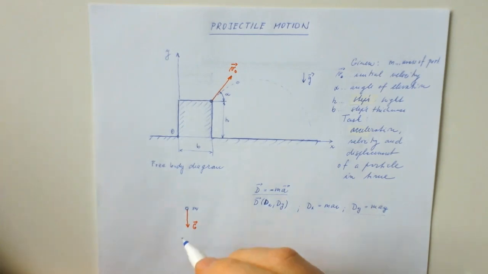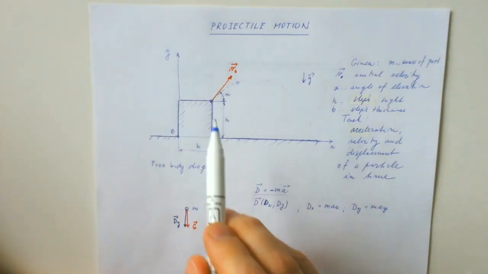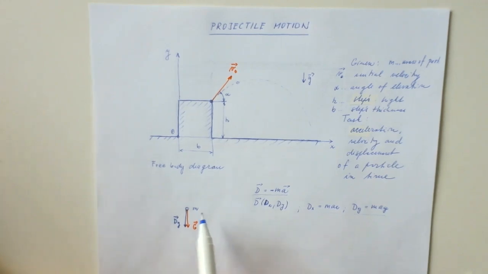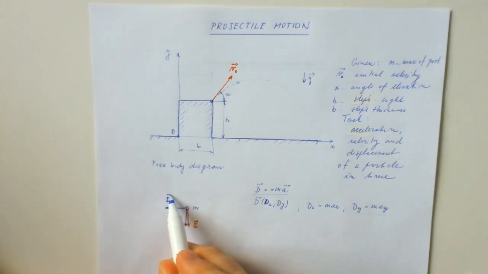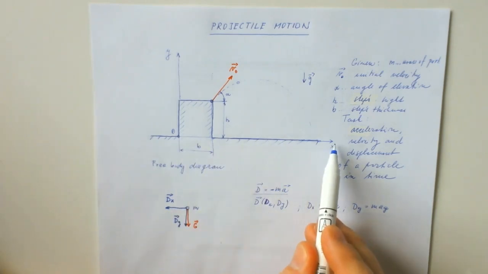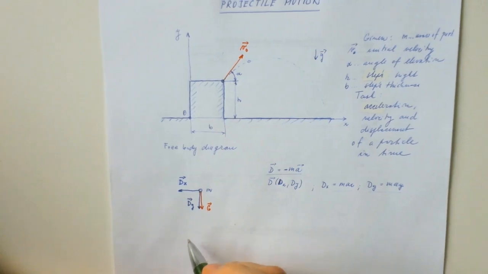We add the y component of the D'Alembert force. Here it is against the positively oriented acceleration in y, and there is no external force in the x-axis, so the only force we can draw here is the D'Alembert component, whose direction is against the positive orientation of acceleration. Now the free body diagram is done.